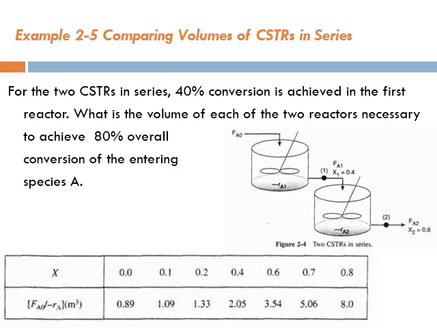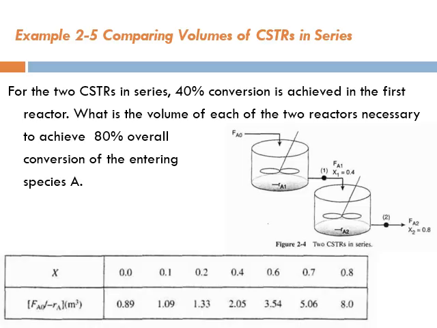Okay, let's take an example. Example 2.5. Comparing volumes of CSTRs and series. For the two CSTRs in series, 40% conversion is achieved in the first reactor. What is the volume of each of the two reactors necessary to achieve 80% overall conversion of the entering species A?